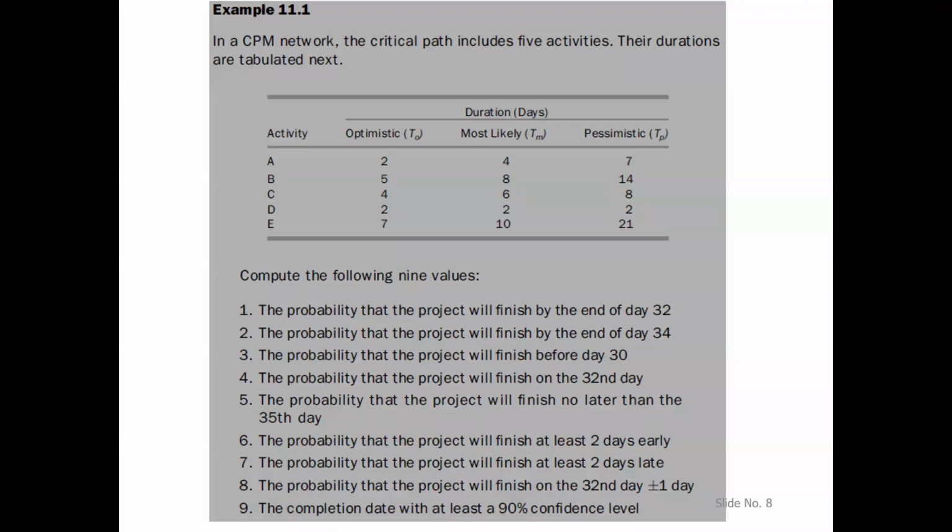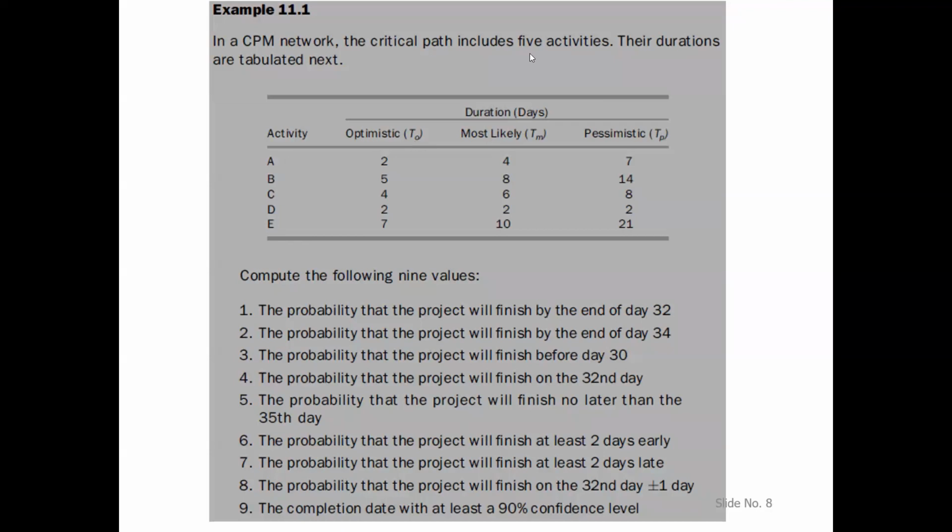Okay, but for simplicity, or just for the illustration of this method, we are only considering one path, A, B, C, D, E. There may be some more paths as well, but we are only considering this critical path, because critical path is the one which controls the duration of the project.